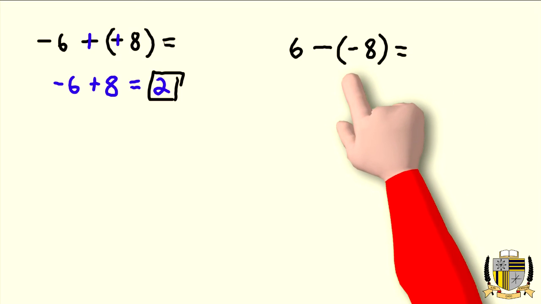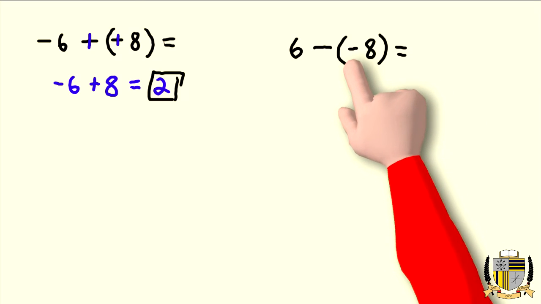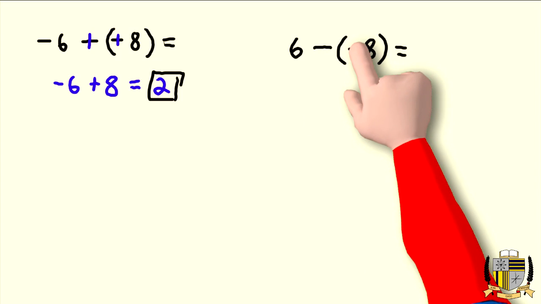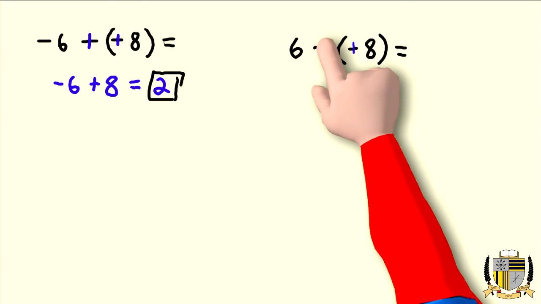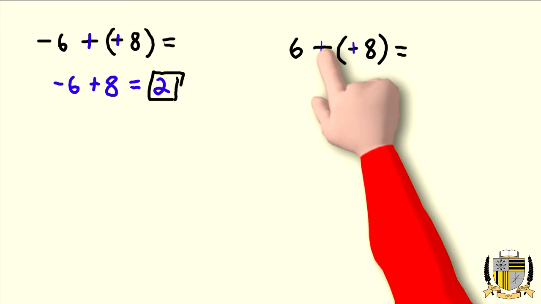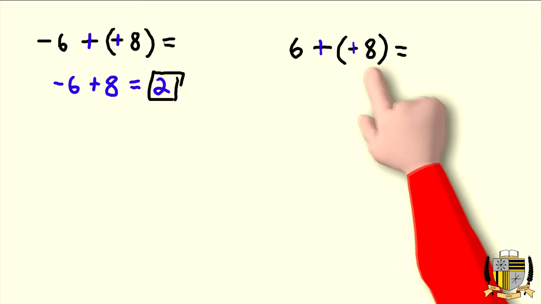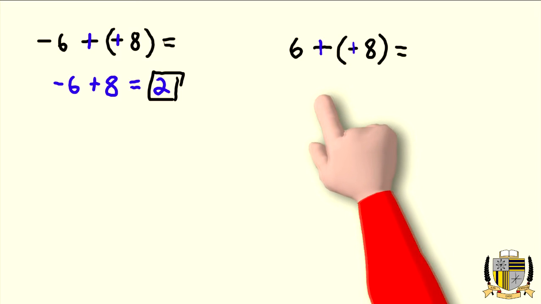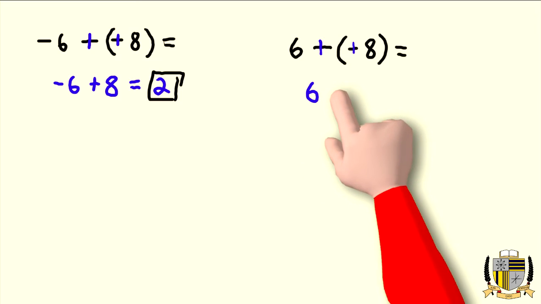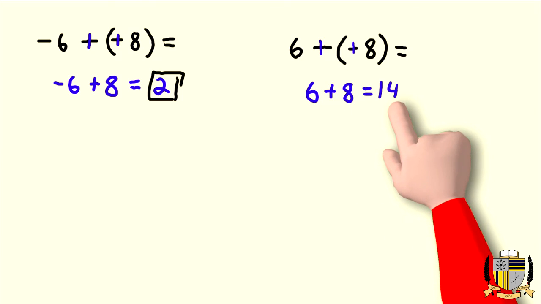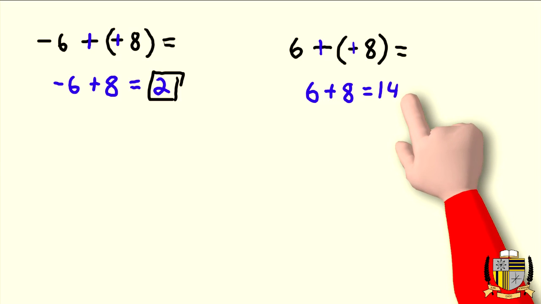So what's that going to equal? Well, the rule is when subtracting signed numbers, we change the sign of the second number, change the sign of the subtraction sign, and now we do addition rules. Just by looking at this, it's a positive 6 plus a regular old positive 8, and that's just going to be regular old 14.